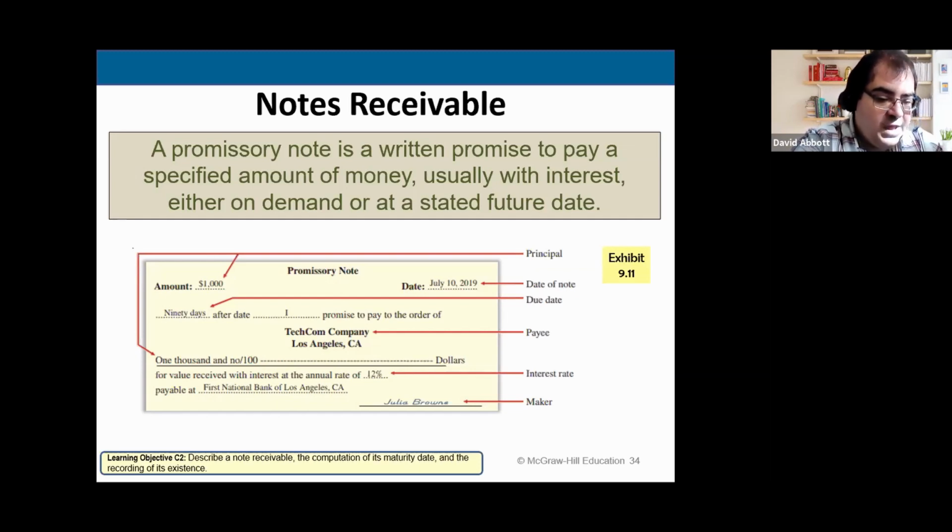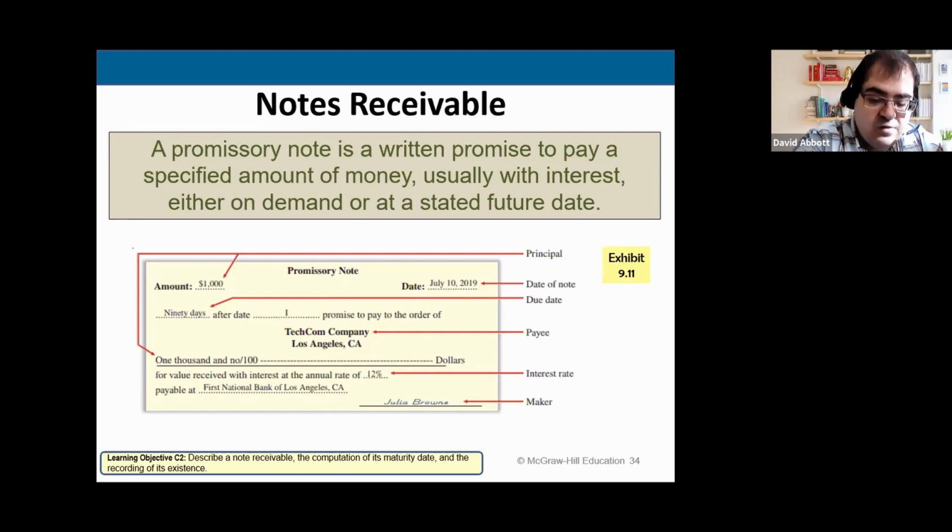So the note illustrated on this particular slide shows a promissory note dated July the 10th of 2019. For this note, Julia Brown promises to pay TechCom or to its order, according to TechCom's instructions, a specific amount of money, $1,000, which is the principal of the note, which is the amount that is due, at a stated future date, which would be on October the 8th of 2019.